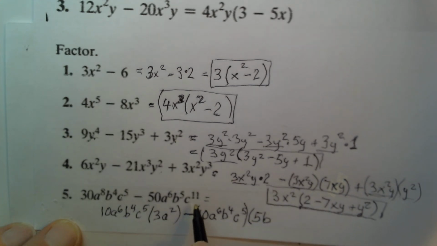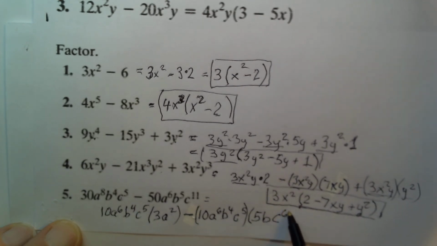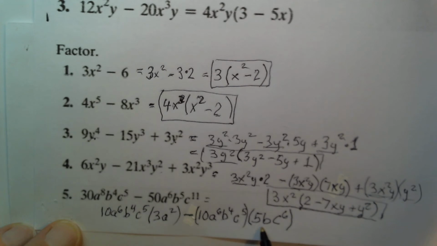And then c to the 11th, but we have a c to the 5th already, so it'd be c to the 6th. And you can see when we multiply these numbers together, we get 10 times 5 is 50 with a minus sign, and a to the 6 is a to the 6, and b to the 4th times b is b to the 5th, and c to the 5th times c to the 6th is c to the 11th.